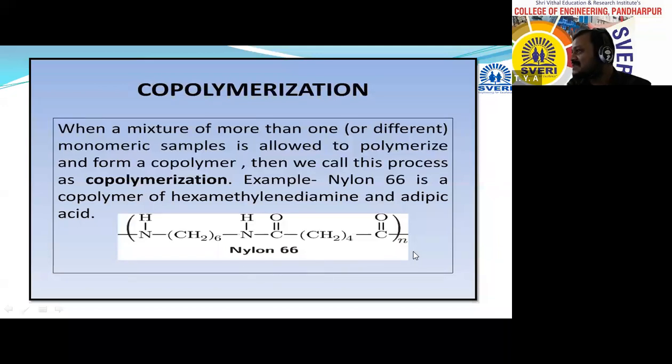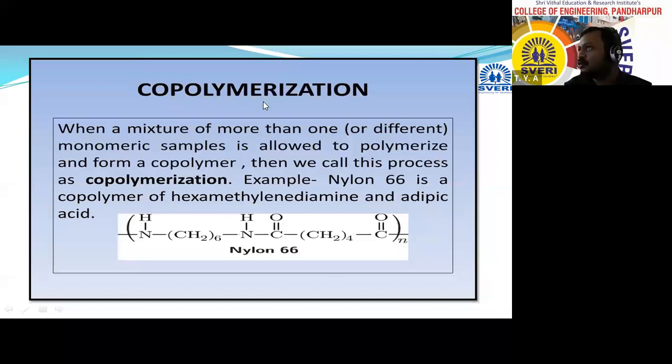And as there is no byproduct, this addition polymerization will be considered as copolymerization. This is one type of addition polymerization only. But as we are using two different monomers, the name given is copolymerization, a mixture of more than one different monomeric species to form the polymer.